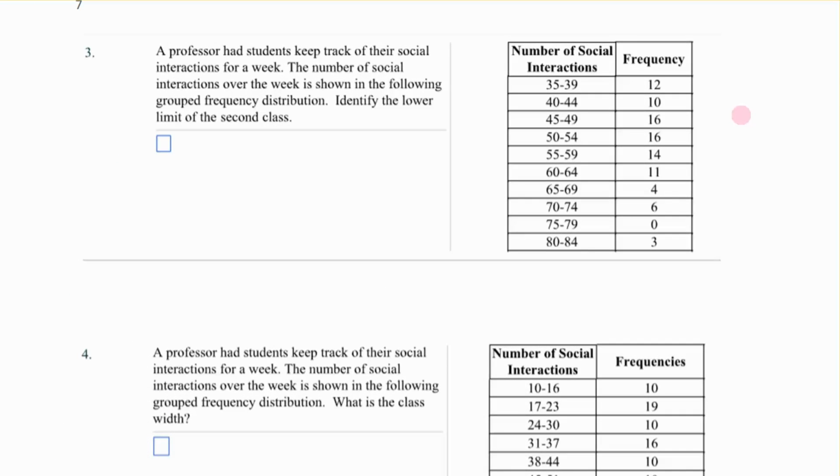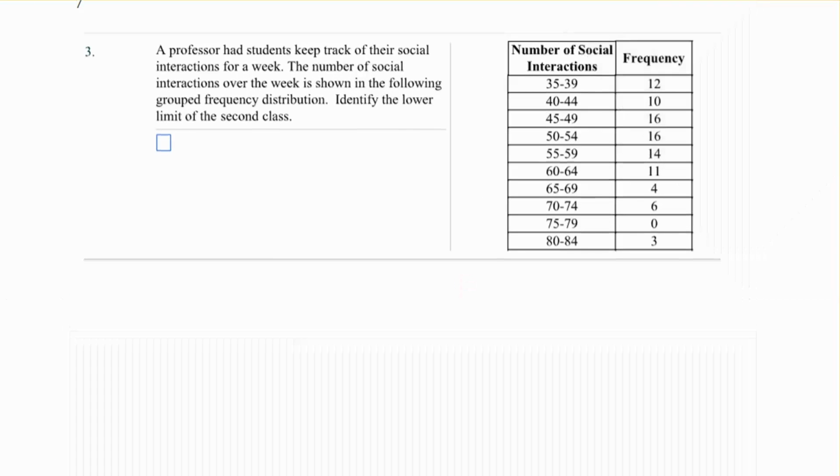Let's look at number 3. A professor has students keep track of their social interactions for a week. The number of social interactions over a week is shown in the following grouped frequency distribution. Identify the lower limit of the second class.